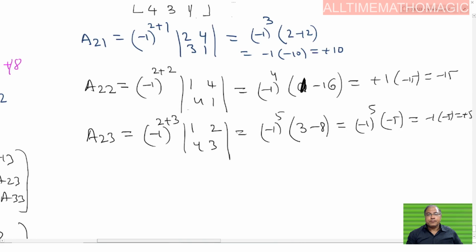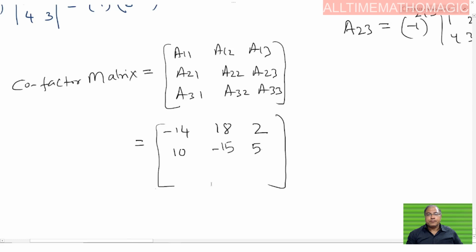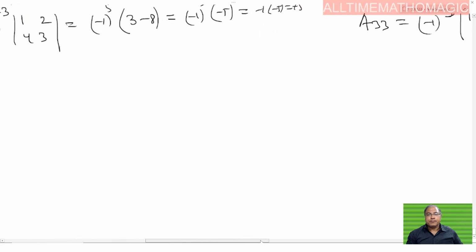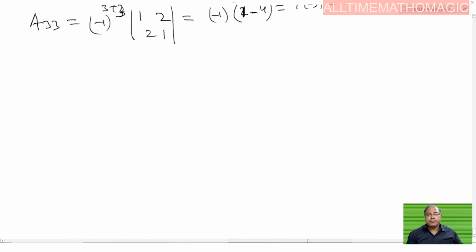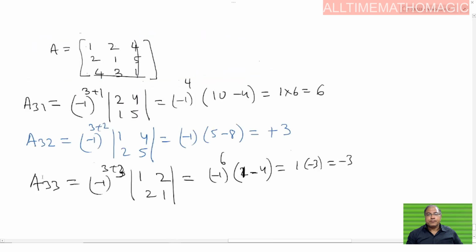And A23 is nothing but plus 5. We have written the values of A21, A22 and A23, that is 10, minus 15 and 5. Now we have to write down the values of cofactor A31, A32 and A33. The value of A31 is 6, the value of A32 is 3 and the value of A33 is nothing but minus 3.